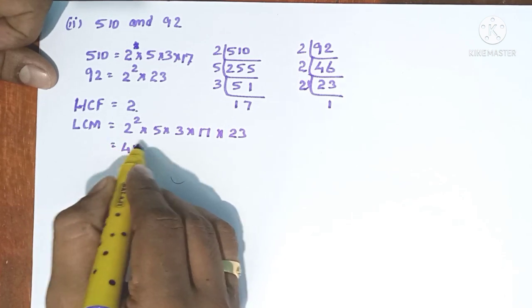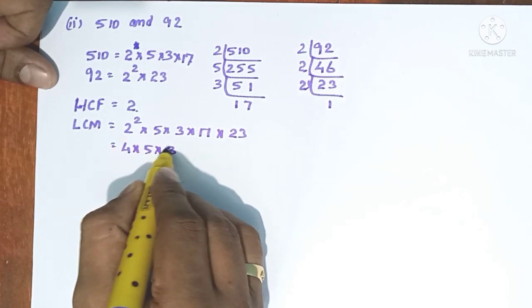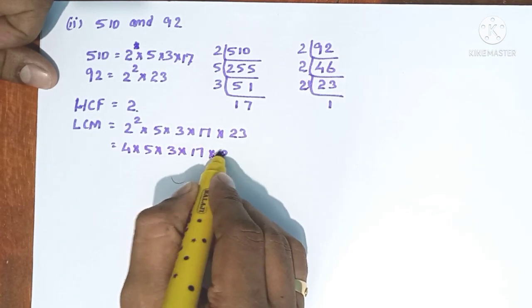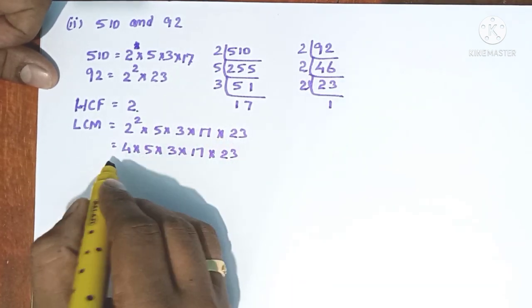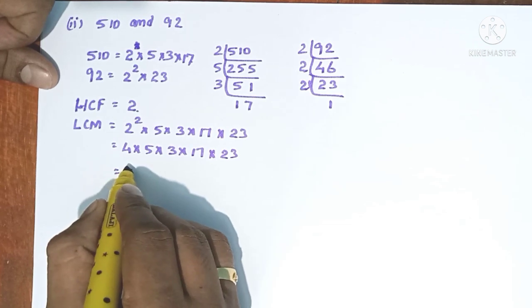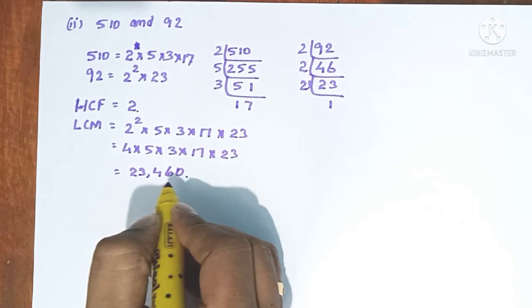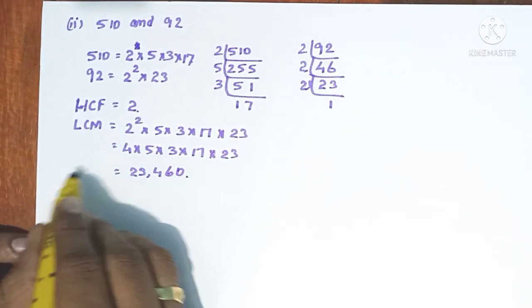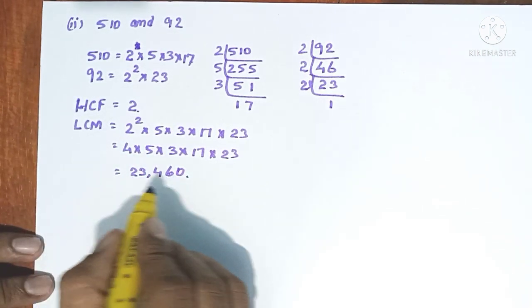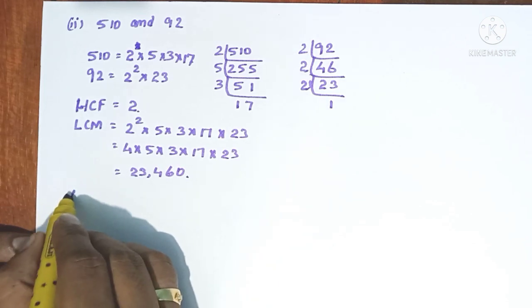It is 4 into 5 into 3 into 17 into 23. The value is 23460. Okay.